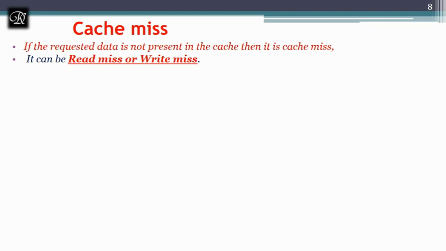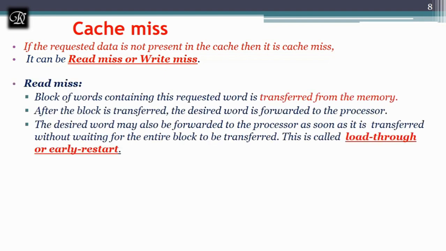If requested data is not present in the cache, then it is called a cache miss. The processor is requesting some values, and if they are not available, it is called a cache miss. It can be the same for read and write, but we'll see how it works with a read miss.